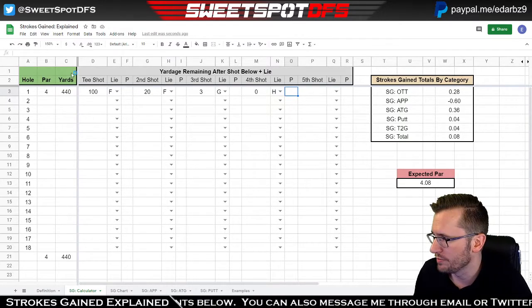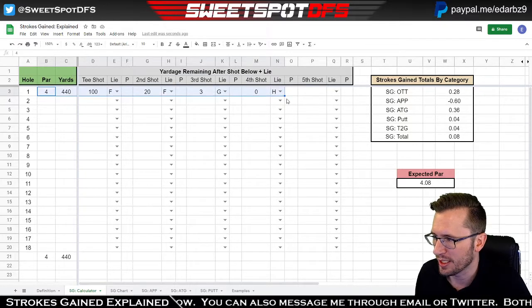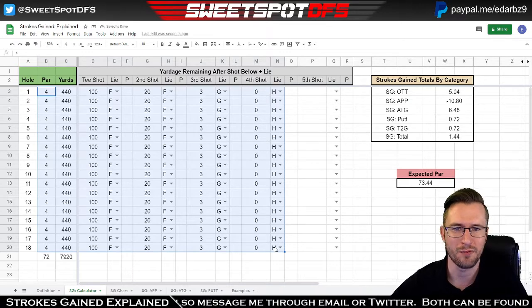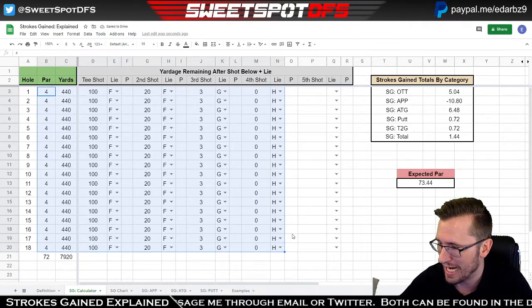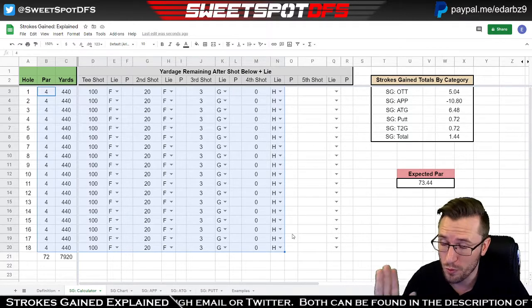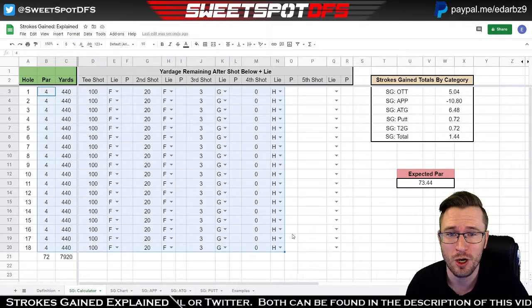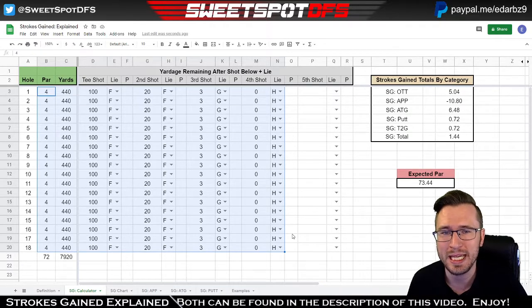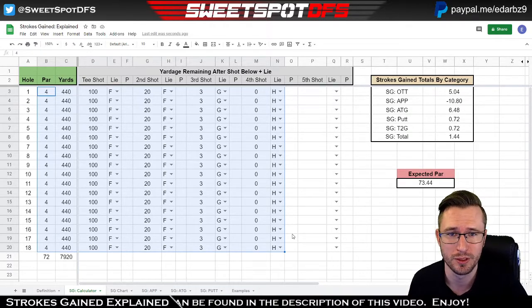Now, I could easily just click and drag this all the way down to show you what that would look like if a robot were to play a hole the exact same way. We would gain 5.04 strokes. Now, remember, that's a 340-yard drive down the middle of the fairway. We're only gaining 5.04 all the way through.